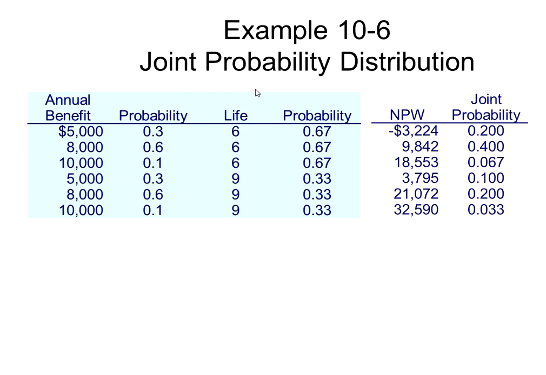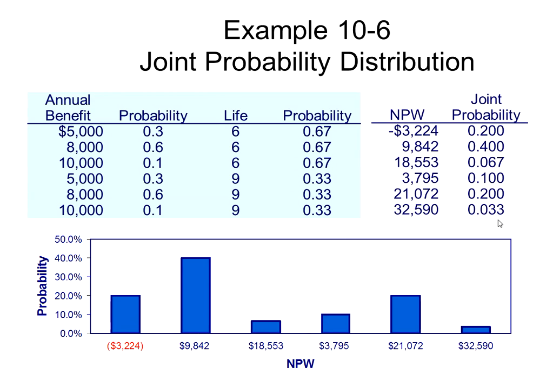Alright, so now that we computed the net present worth and the joint probabilities for each of those net present worths, we can represent these, right? So you can see this negative 3,224, that's for an annual benefit of 5,000 in a life of 6 years.